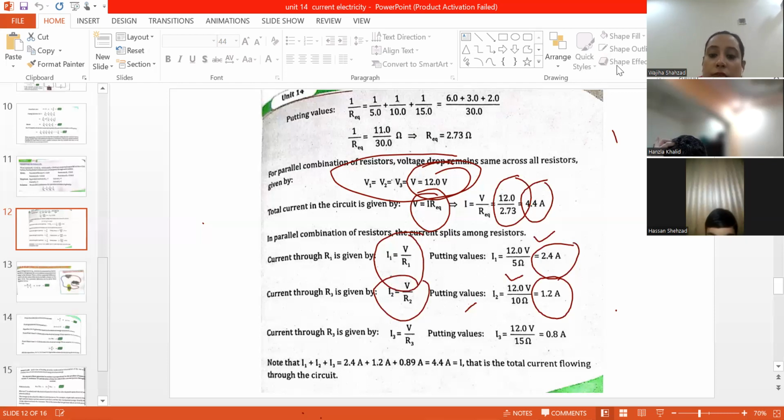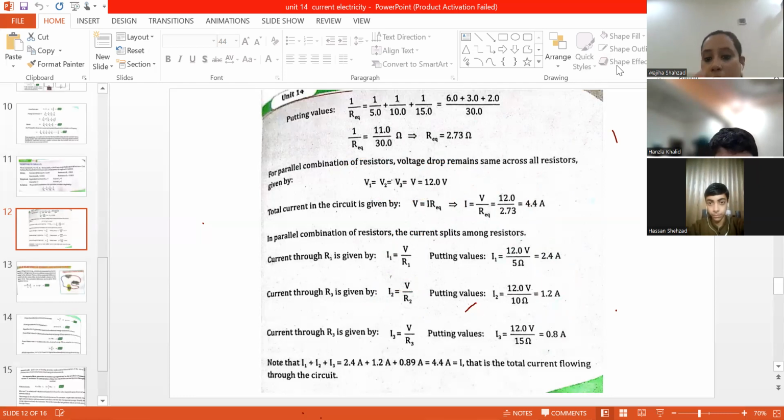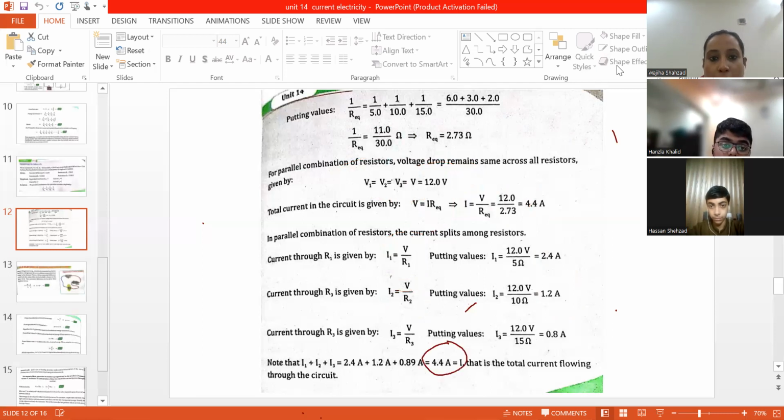I3 is V by R3, which is equal to 12 by 15, giving us 0.8 ampere. In this way, we can find out the current through each of the three resistors separately. When we add them, we also get the total current, that is 4.4 ampere. So this is an example based on combination of resistors.